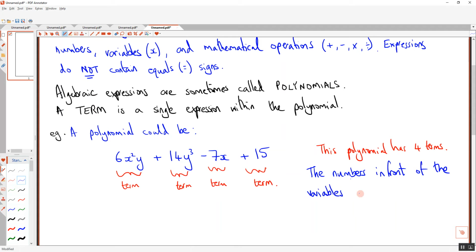The numbers in front of the variables are called, begins with C. Shout out if you know. Coefficients. Okay, so the numbers in front of the variables are called coefficients.